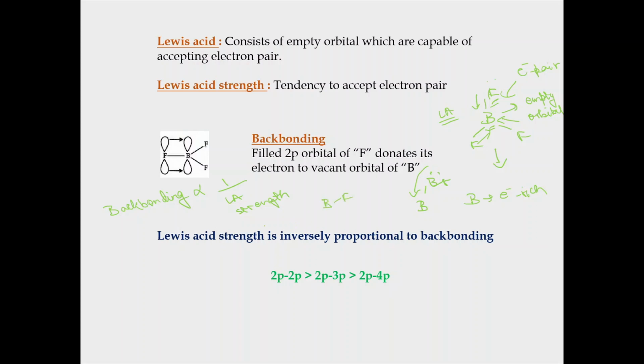This is the order of back bonding strength. Boron has a 2p orbital, so 2p-2p back bonding will be better than 2p-3p, which will be better than 2p-4p.